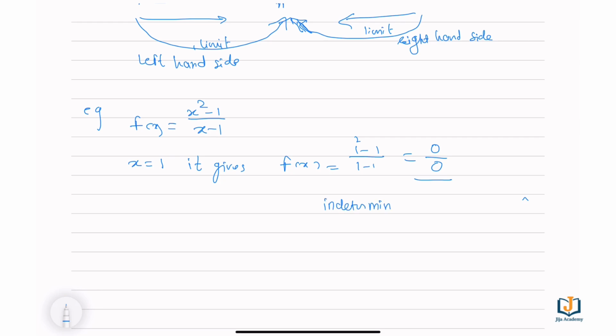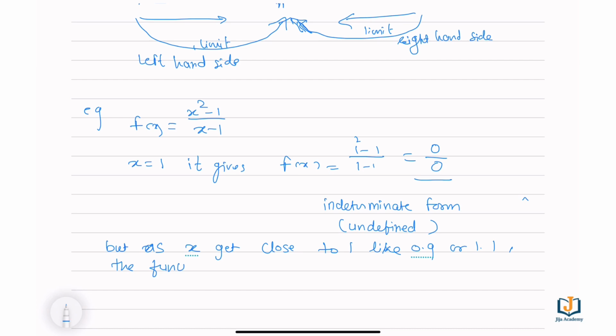Indeterminate form, that is undefined. But as x gets close to 1, like 0.9 or 1.1, the function values get close to 2.